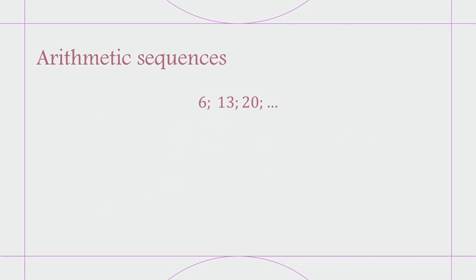Let's say, for example, you have 1, 2, 3, 4. To identify this as an arithmetic sequence, you see you are only adding the same number throughout, which is 1. So 1 plus 1 gives you 2, 2 plus 1 gives you 3, 3 plus 1 gives you 4.